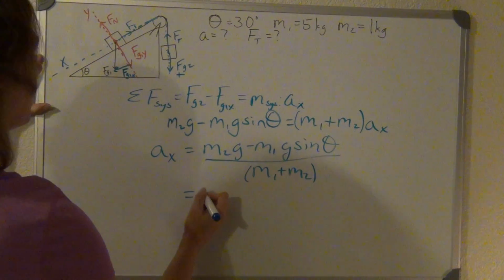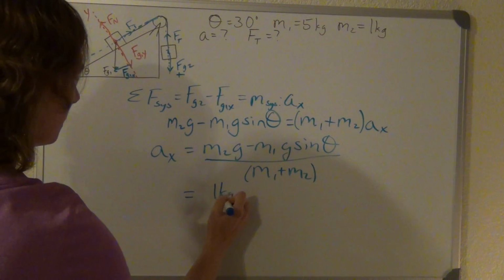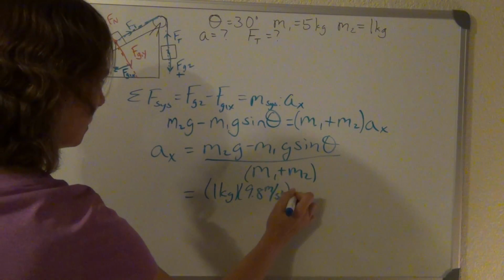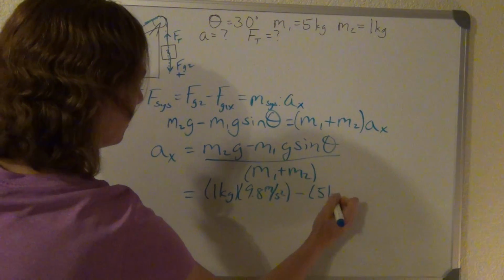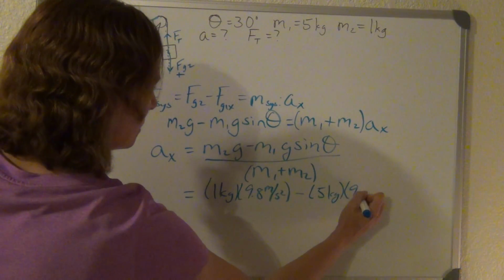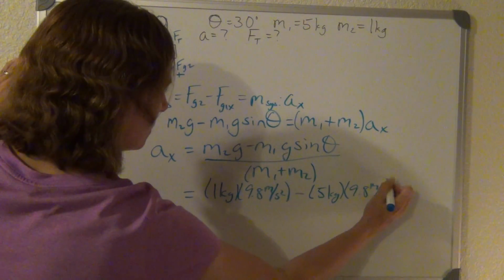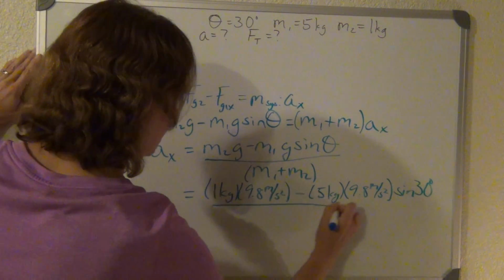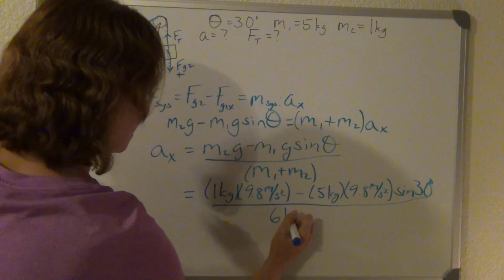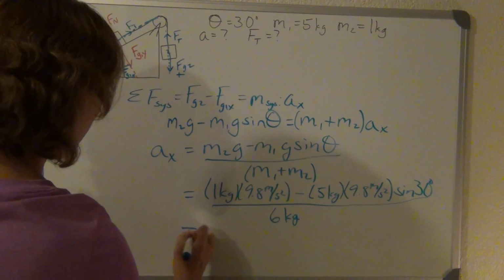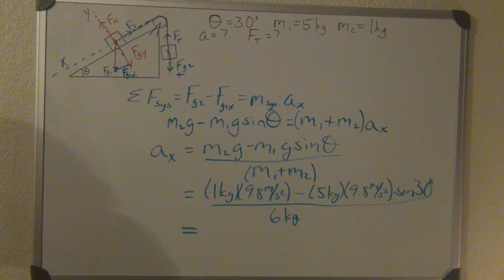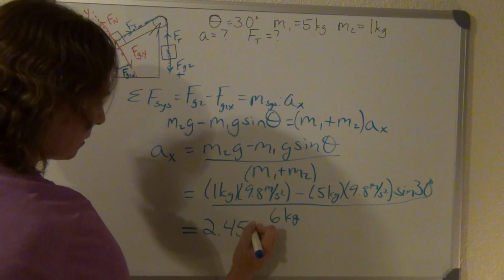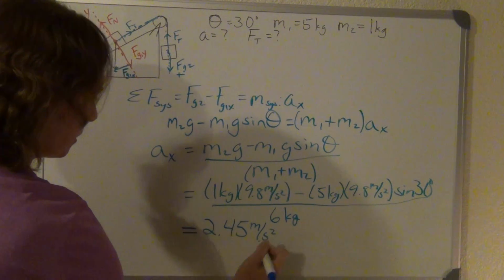Okay, and if we solve through for that, we have m2 is 1 kilogram, g is 9.8 meters per second squared, m1 was 5 kilograms, and our theta was 30 degrees, all over the combined mass of 6 kilograms. It works out to have an acceleration of 2.45 meters per second squared.